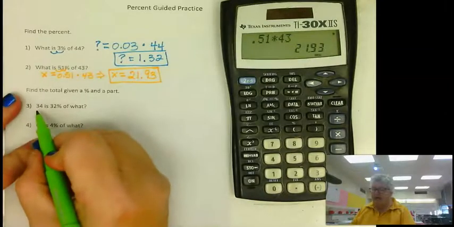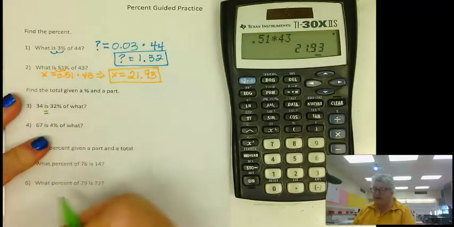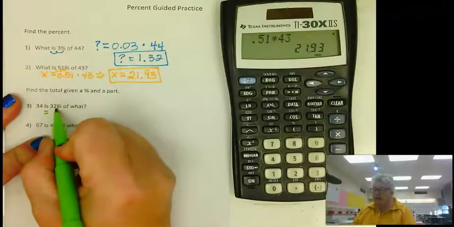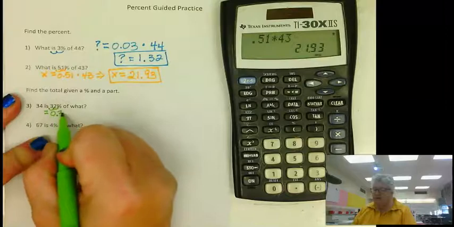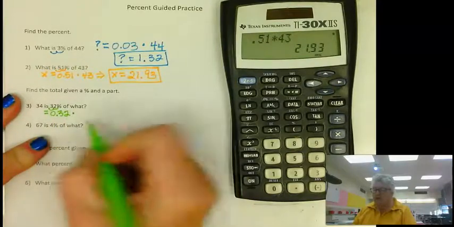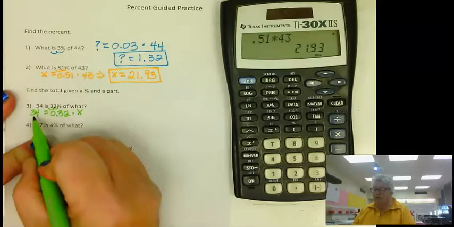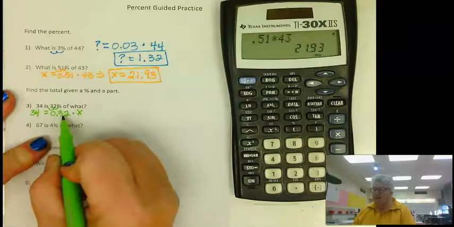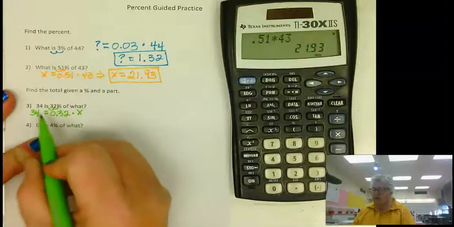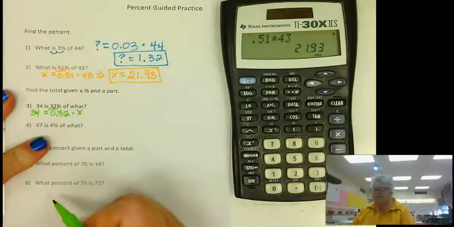Here we've got 34 is, so that's equals 32%, move it, of what? So X times 32/100ths, or 32%, equals 34.